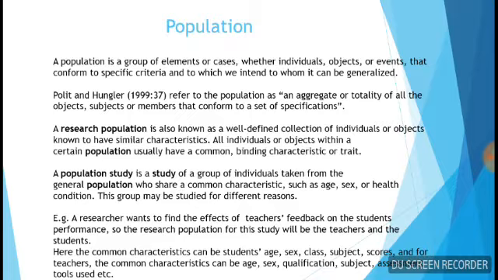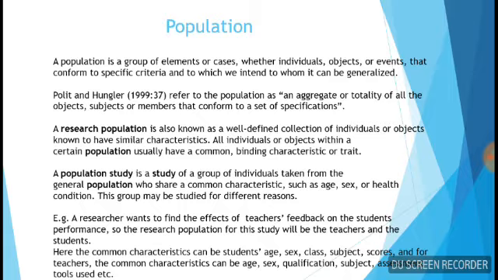A population study is a study of a group of individuals taken from the general population who share a common characteristic, such as age, sex, or health condition. This group may be studied for different reasons. For example, a researcher wants to find the effects of teachers' feedback on the students' performance.